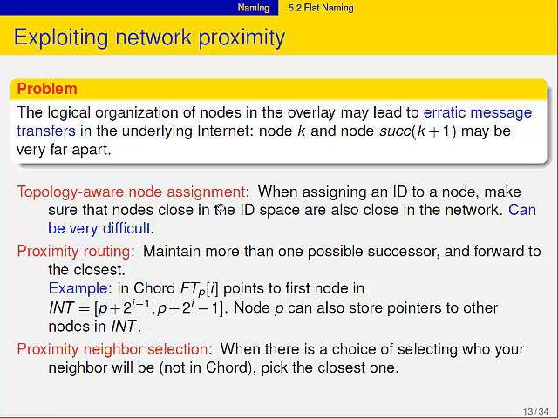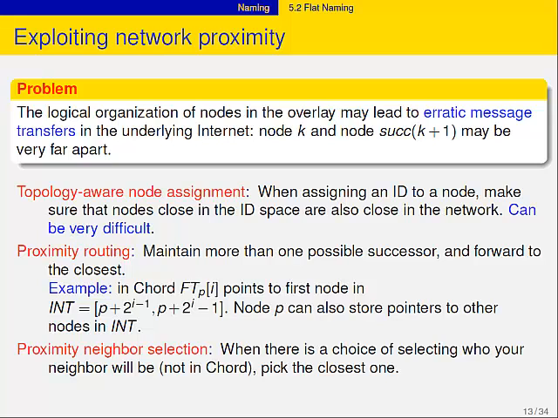Now, what people have tried to do is come up with topology-aware node assignments. So what you do is, when you actually hand out an identifier, you make sure that that identifier matches something that is also topologically close. The point is that it can be very difficult.